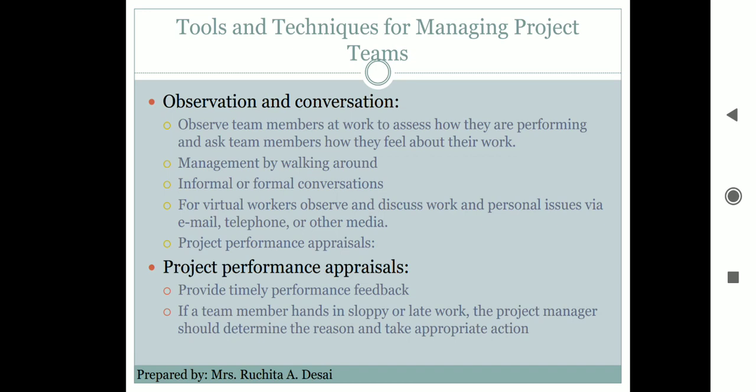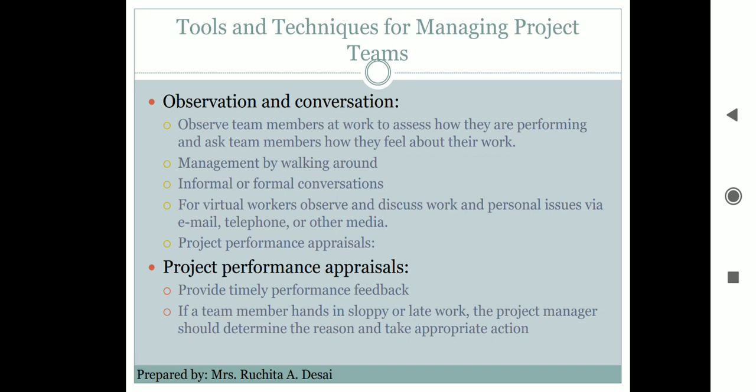By observing the conversation in a project team room, we can identify whether they are focused towards the project goal, or they are having conflicts among them. We have to observe the individuals, the performance of individuals, the performance of the team, and the conversation.